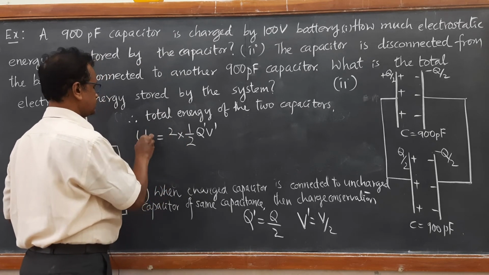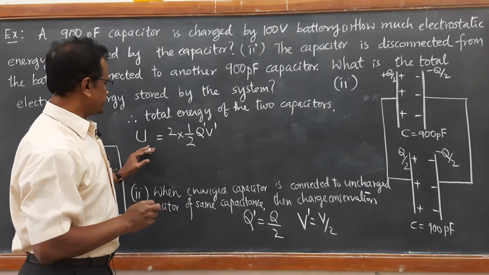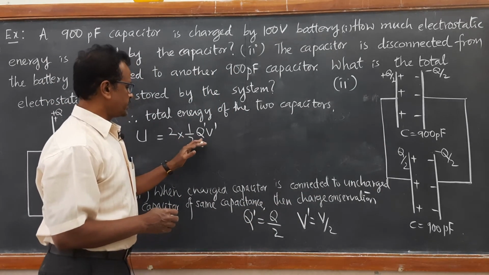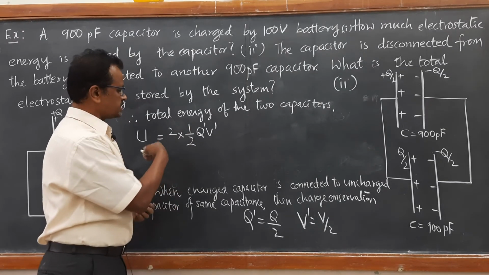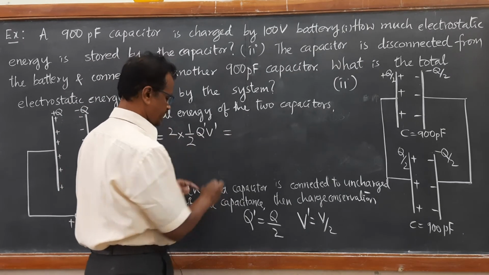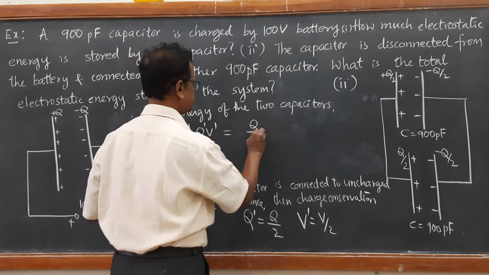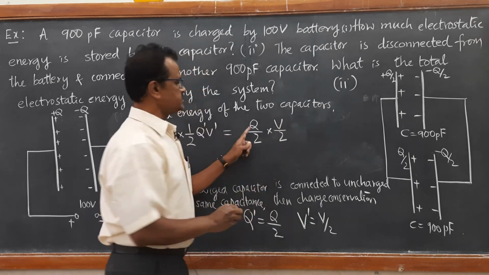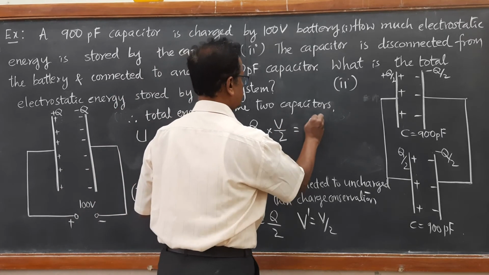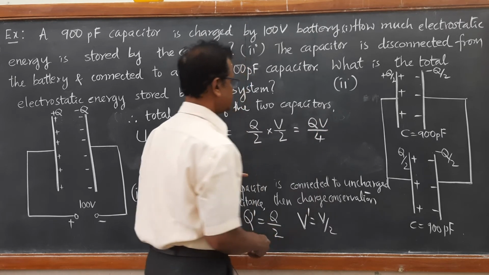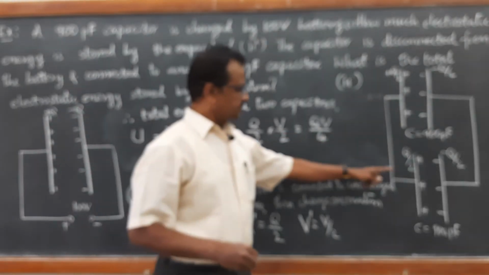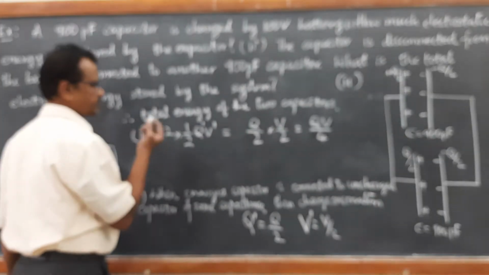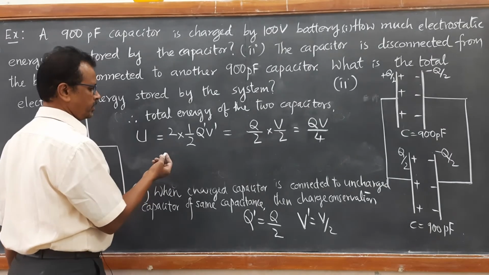So the total energy of the system, U, is 2 times half Q dash V dash. If you cancel 2, then we can substitute Q dash, which is Q by 2, and V dash, which is V by 2. Therefore it becomes QV by 4, right?